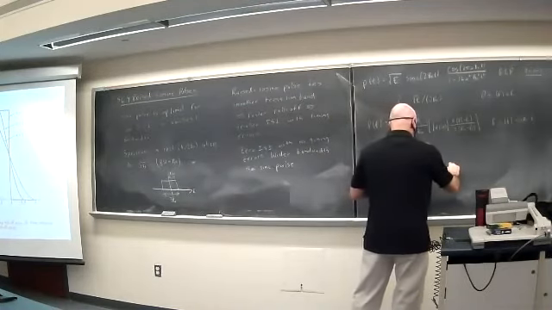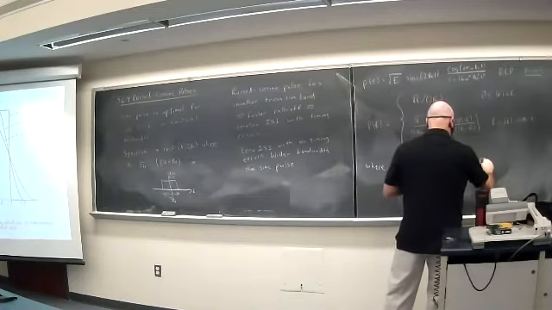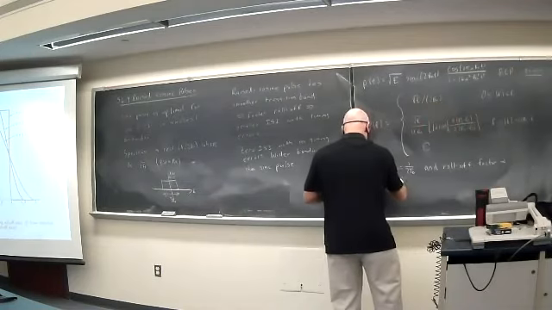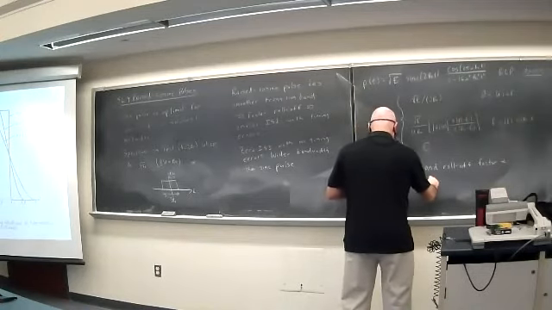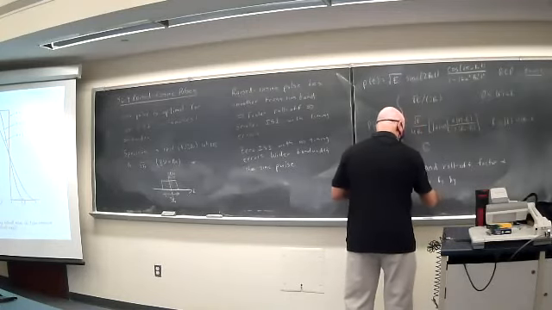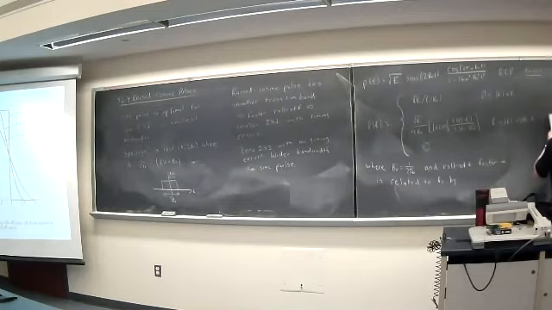And roll-off factor alpha is related to F1 by, I'll write it up here, alpha is equal to 1 minus F1 over B0 for 0 less than alpha less than 1.